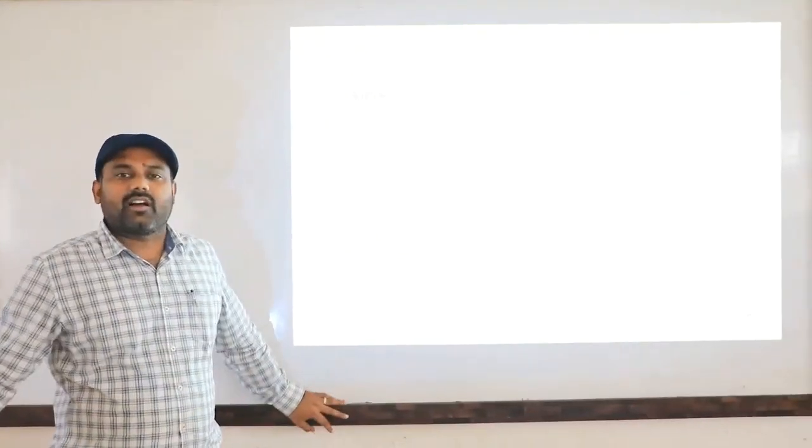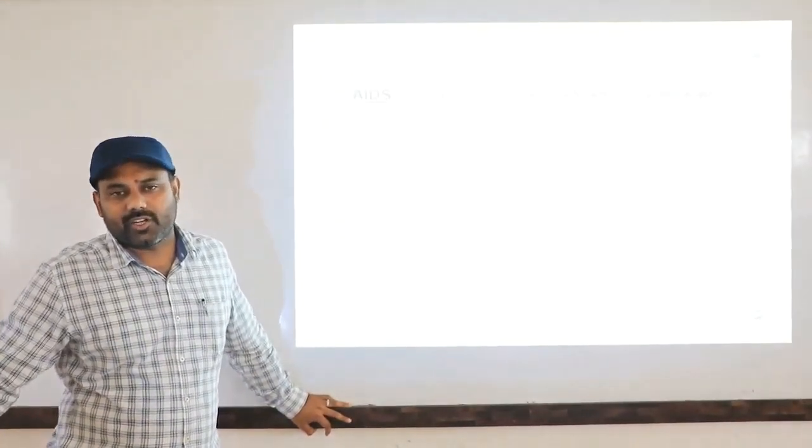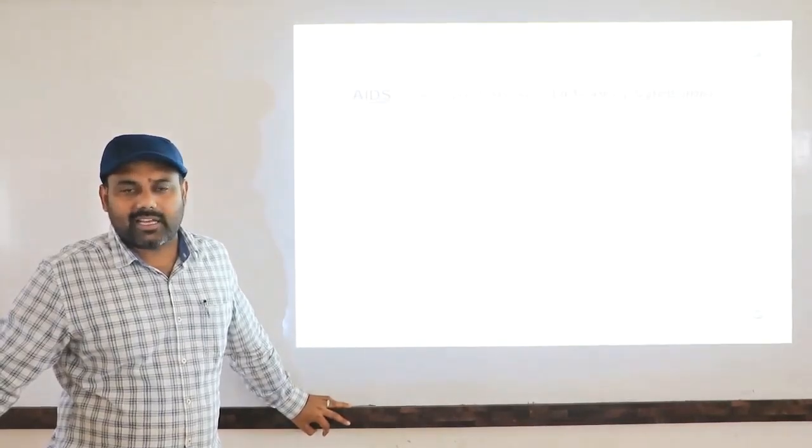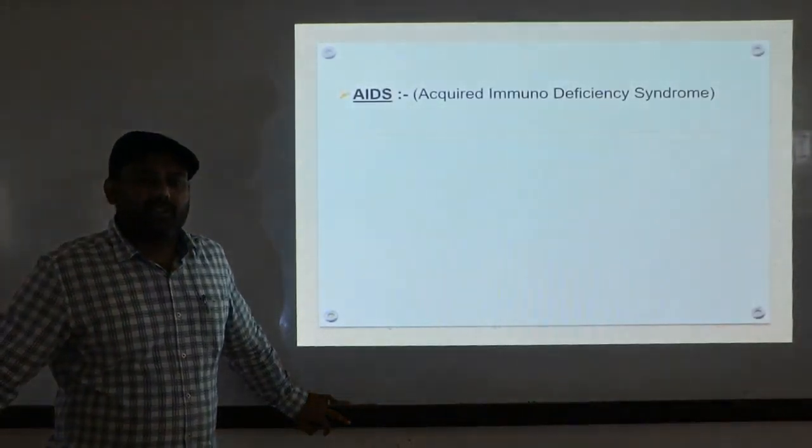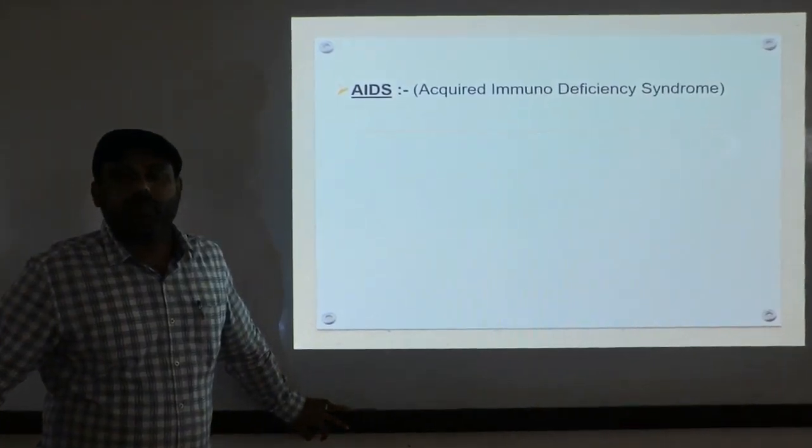So we covered all of this. In today's class, before entering into the actual chapter, I will try my best to quickly revise those previous slides. AIDS means acquired immunodeficiency syndrome. I told you in the last class, acquired means we ourselves are going to reduce our immune system.